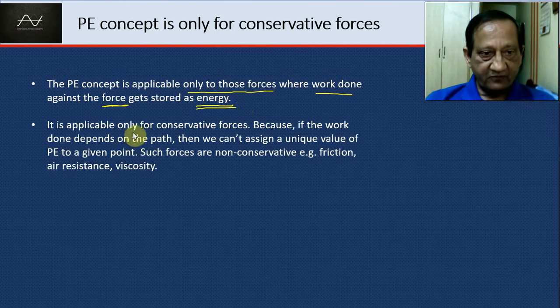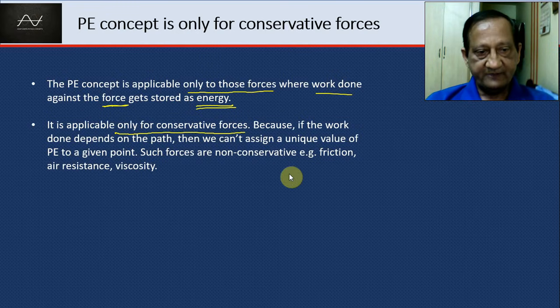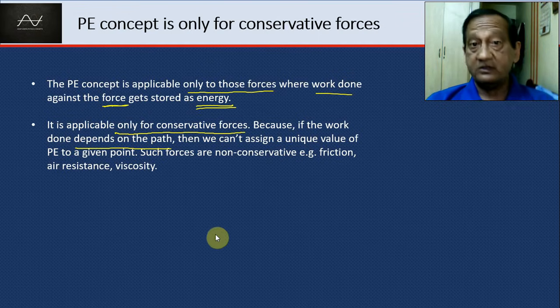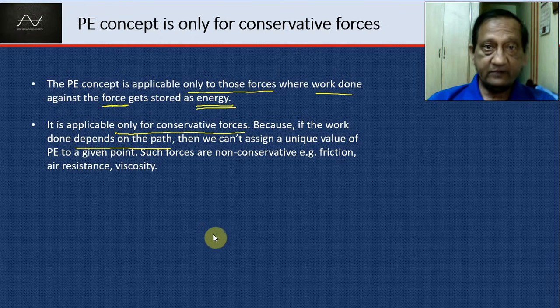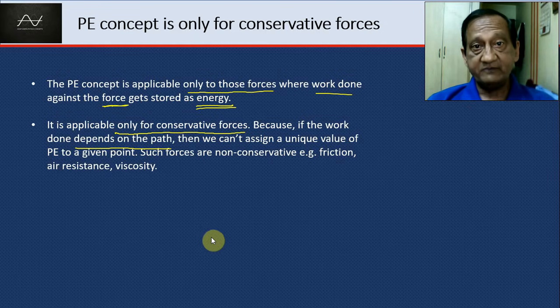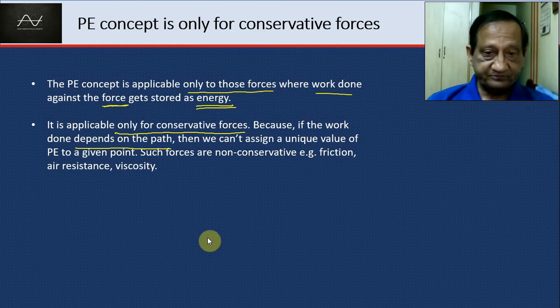You see, another reason why it is applicable only for conservative forces is this. If the work was dependent on the path, then I couldn't have assigned a unique value of the scalar function at the points A and B. It couldn't be unique. It depended on the path. But the whole logic, whole argument was that independent of the path, hence at A there is some value and at B there is some other value.